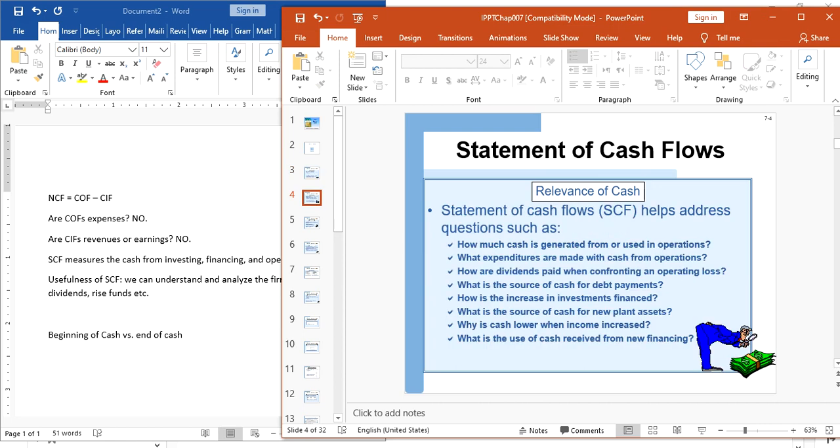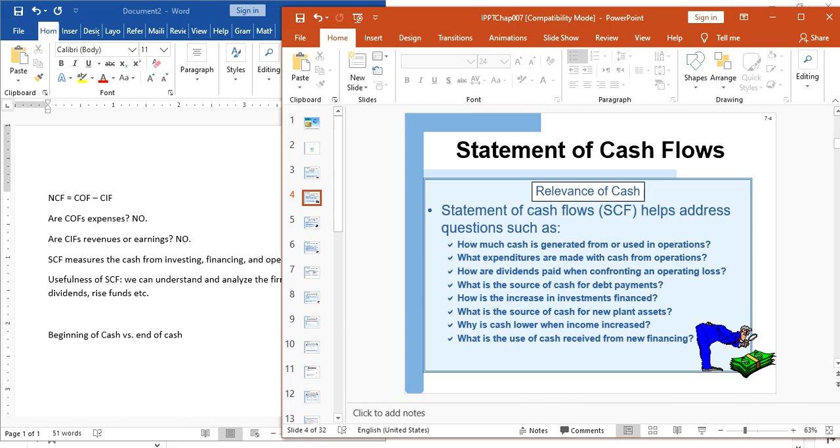An analyst, while analyzing a cash flow statement of a company, may be looking to answer these questions or similar ones. How much cash is generated from or used in operations? What expenditures are made with cash from operations?